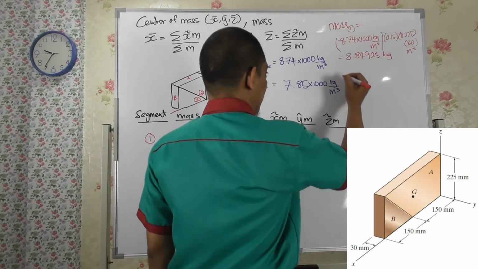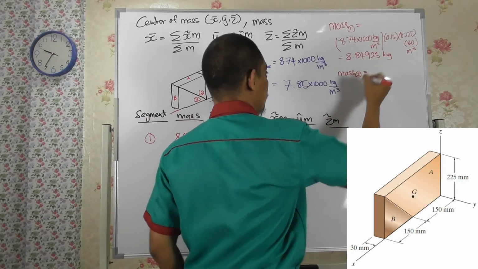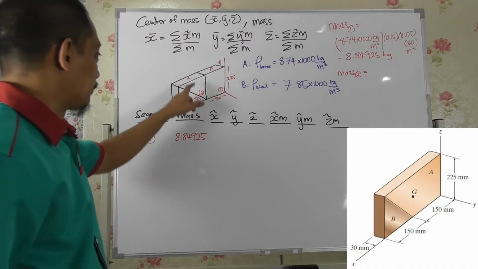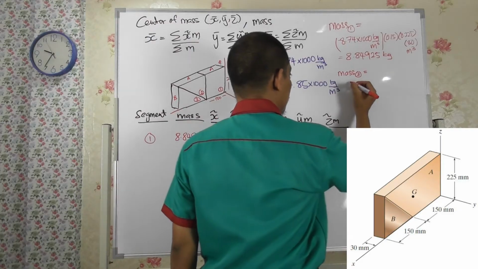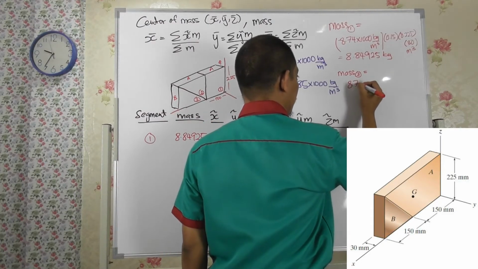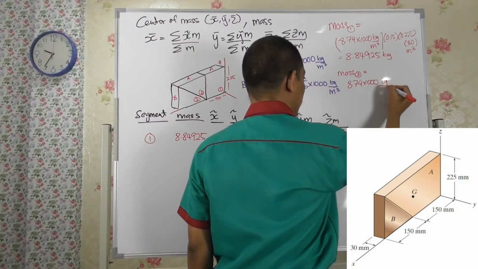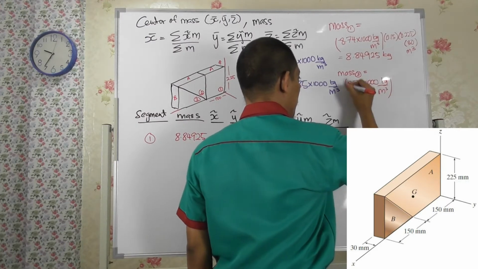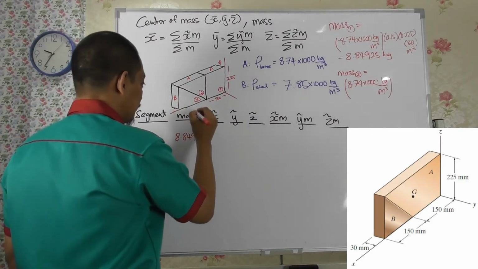So similarly for mass of shape number 2, for this one here, the density is still brass, so it is still 8.74 times 1,000 kilogram per meter cube, and then you multiply by, what is this length here? This is another 150.